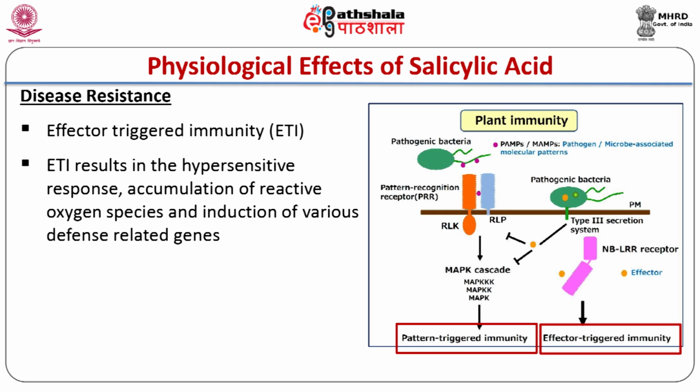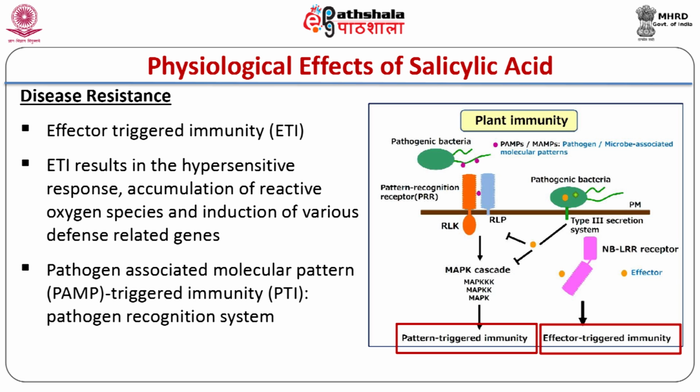ETI results in the hypersensitive response where the plant develops a necrotic lesion at the site of pathogen entry. ETI is also associated with the accumulation of reactive oxygen species and induction of various defense related genes, including the genes encoding pathogenesis related proteins.